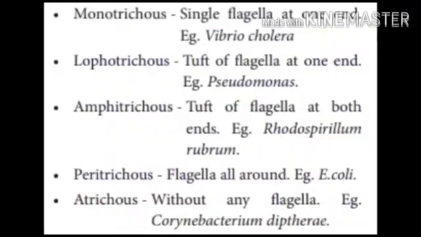Lophotrichous means a tuft of flagella at one end. Example, Pseudomonas. Amphitrichous, tuft of flagella at both ends. Example, Rhodospirillum. Peritrichous, flagella all around. Example, E. coli. Atrichous, without any flagella. Example, Corynebacterium diphtheriae.